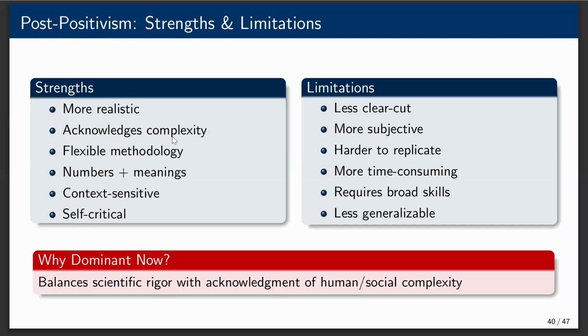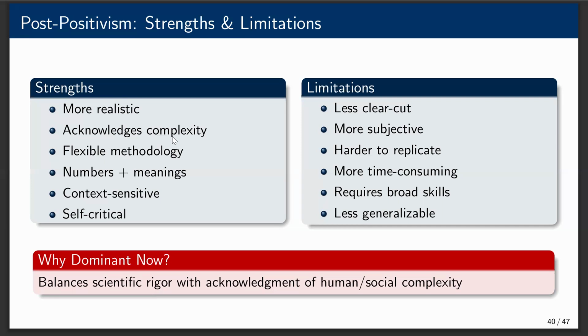Now, post-positivism, strengths and limitations. Strengths: it is more realistic, it acknowledges complexity, flexible methodology, numbers plus meanings, it is context sensitive, and self-critical. The limitations: less clear-cut, more subjective, harder to replicate, more time-consuming, it requires broad skills, and it is less generalizable.